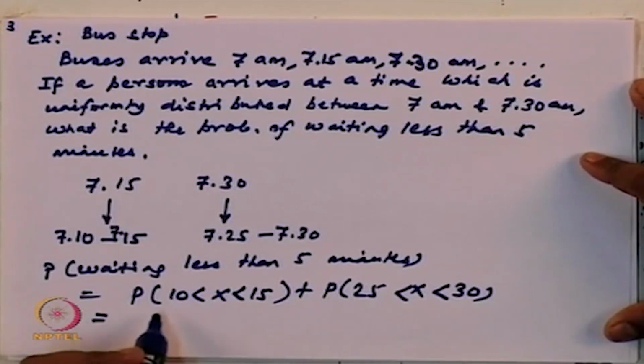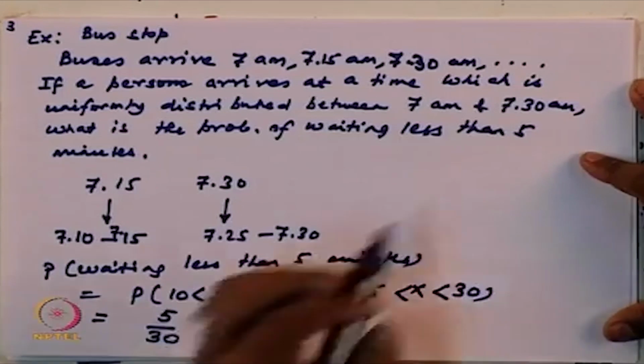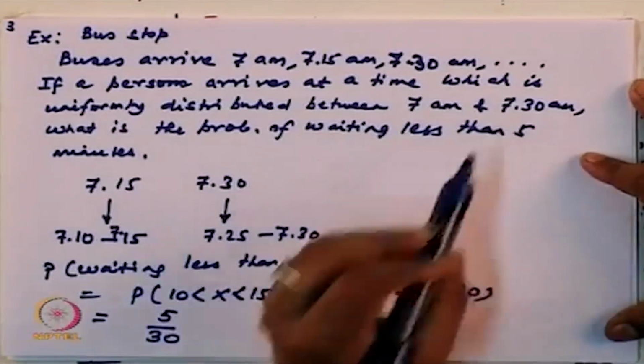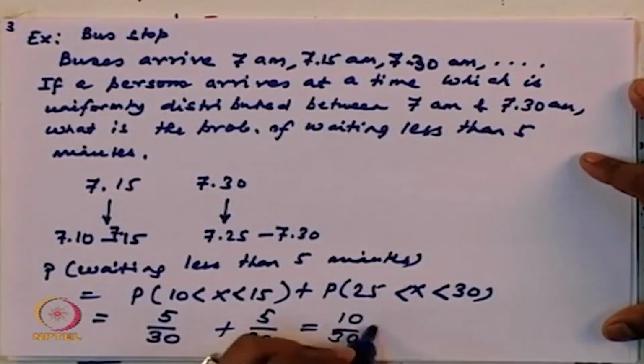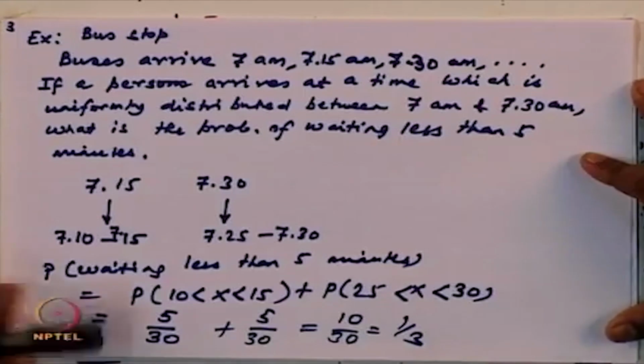This is 5 divided by 30, because the entire duration is 30 minutes, and this is also 5 divided by 30. So, the total is 10 by 30, equal to 1/3.